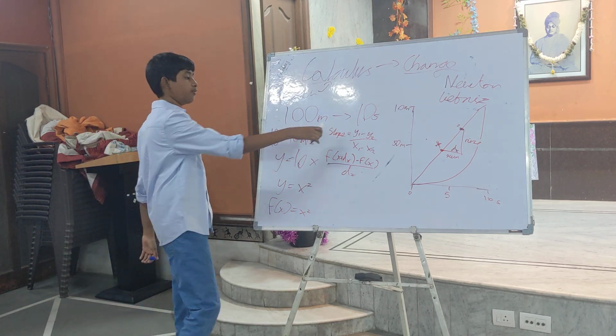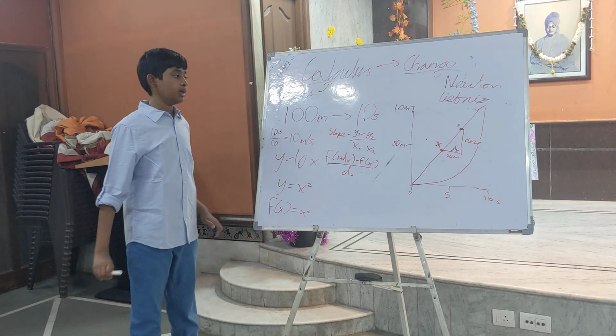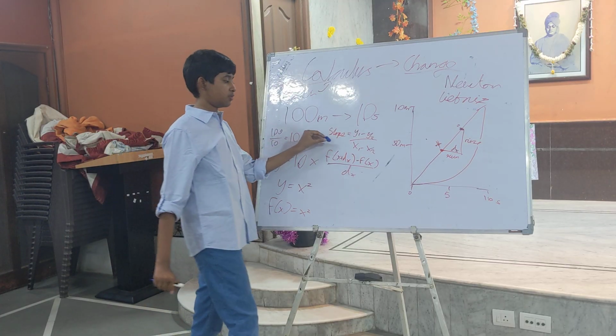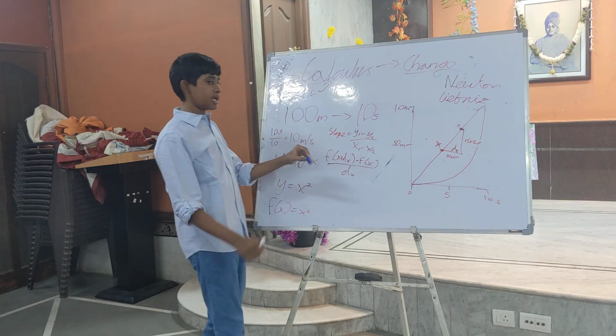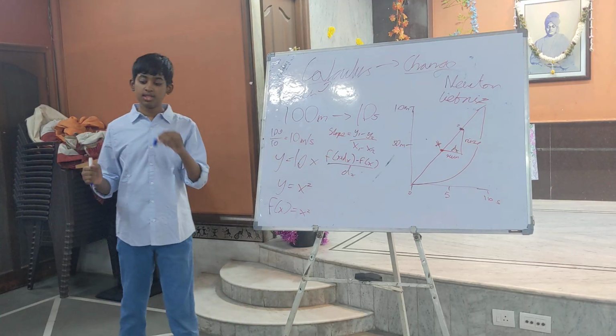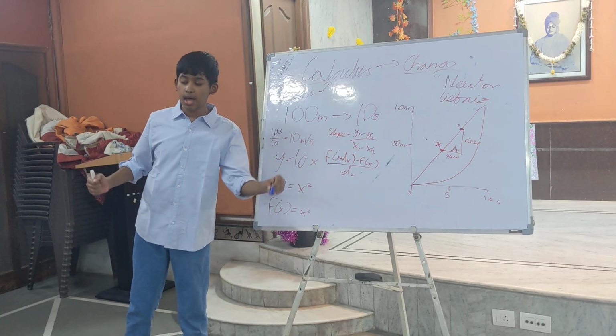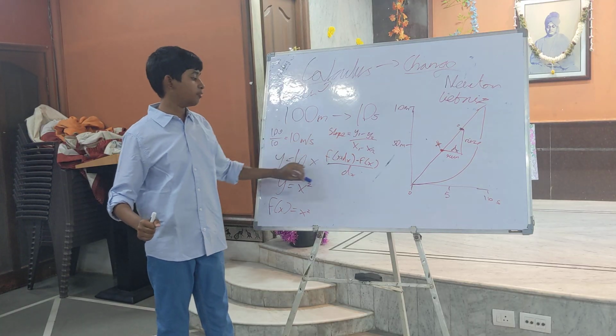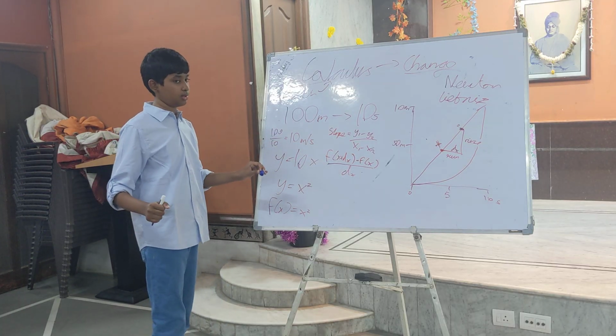Instead of taking y, I am taking the f value of the x. And instead of taking x1 and x2, I am taking a single x and the distance from x to x2 and using that. So this is the same as this if you put the right x and dx into it.